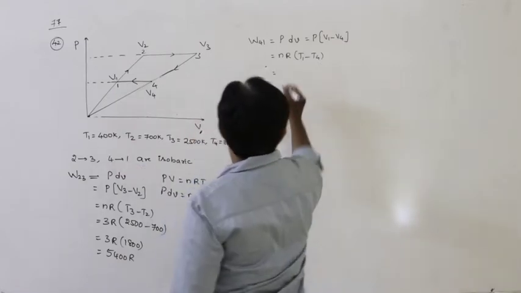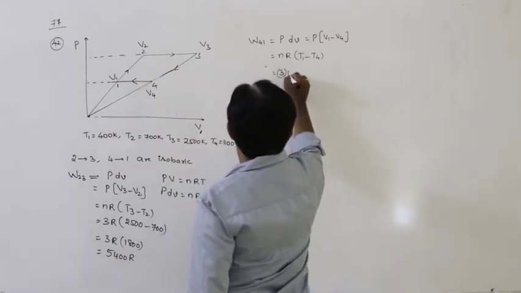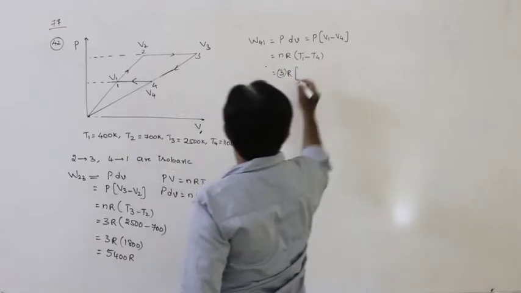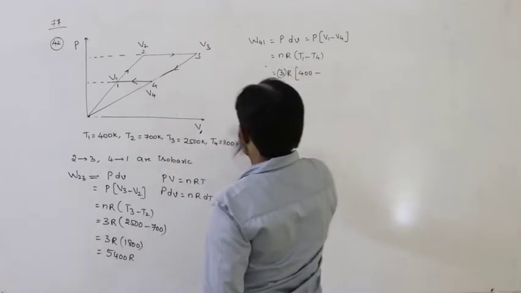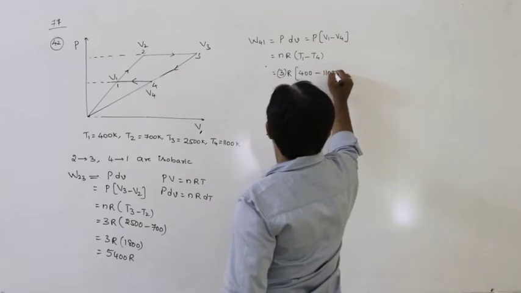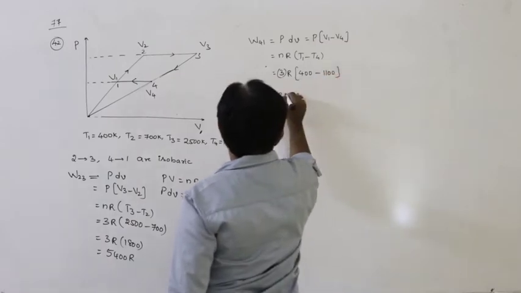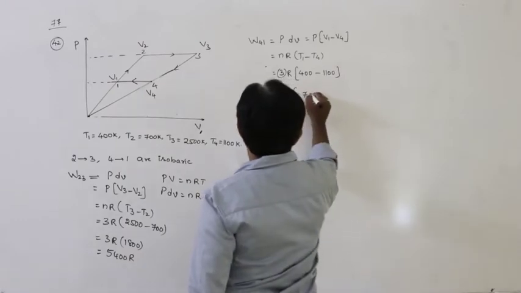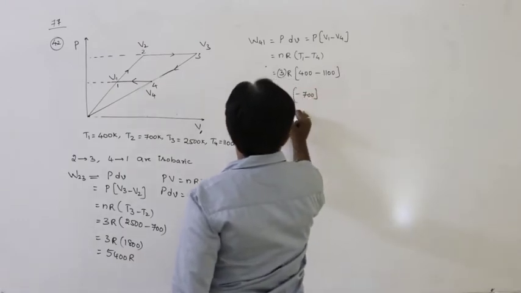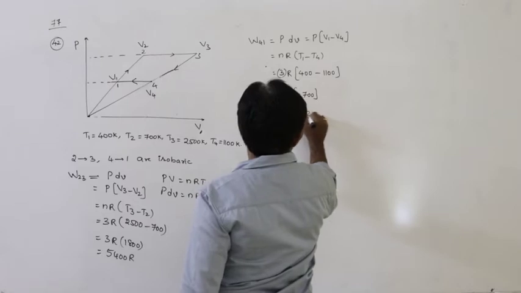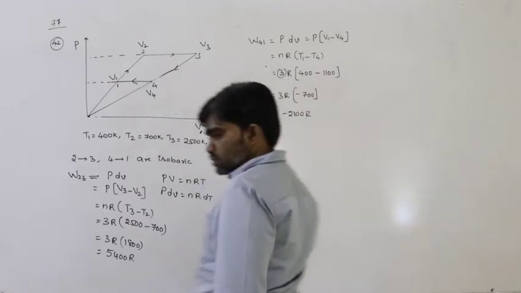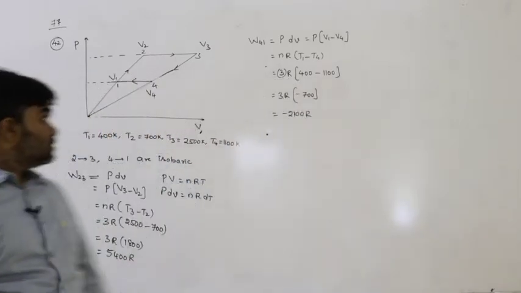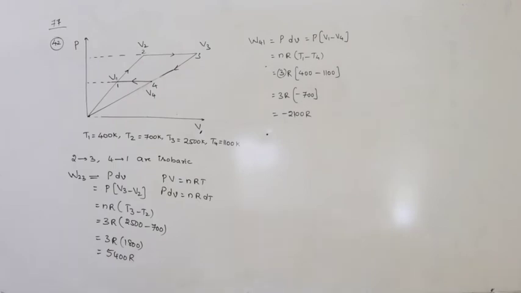What is T1? n is 3 moles, R into T1 is 400 minus T4 is 1100. So that is 3R into 400 minus 1100, minus 700. That means work done is negative, minus 2100 R.